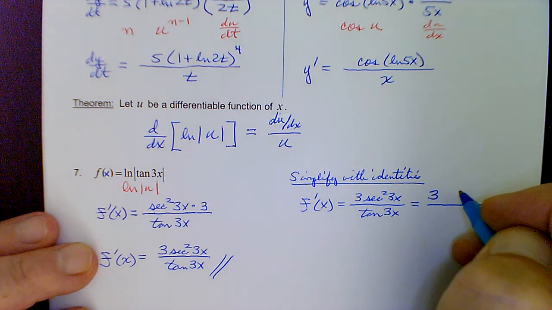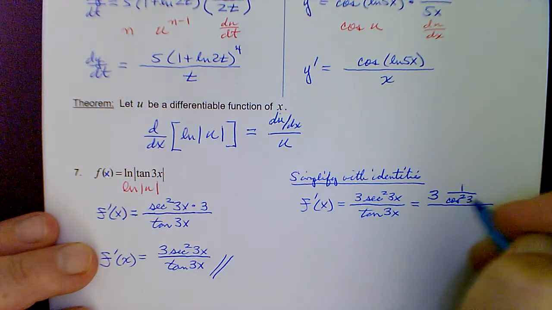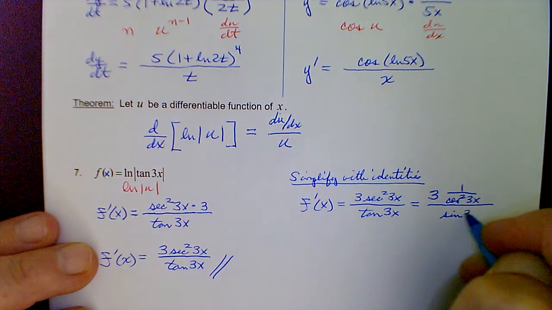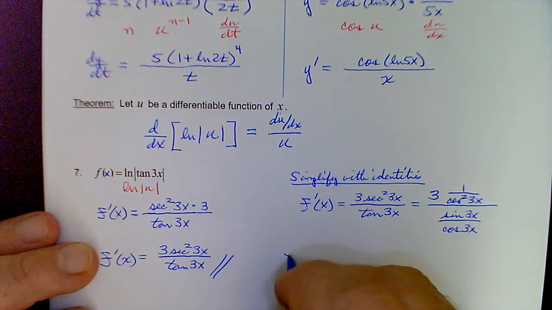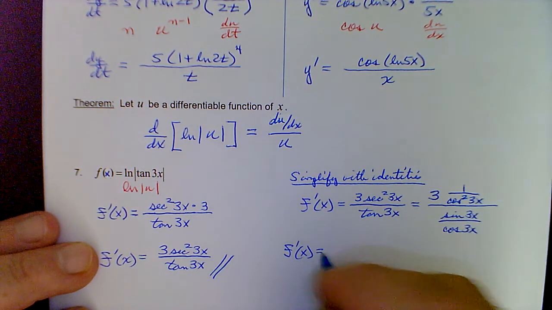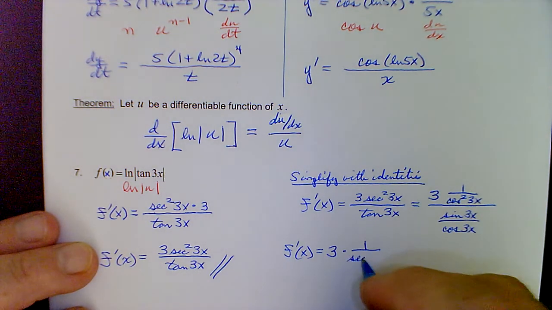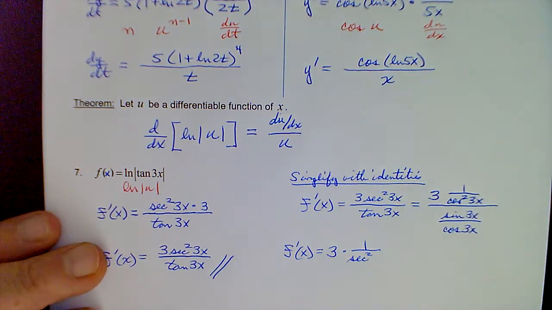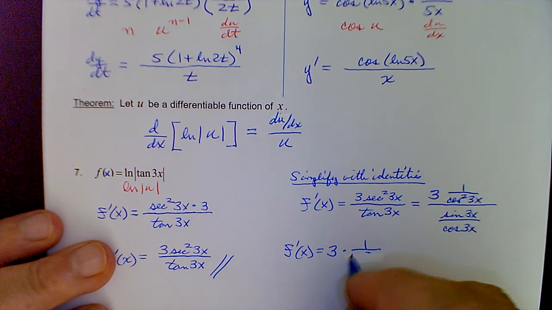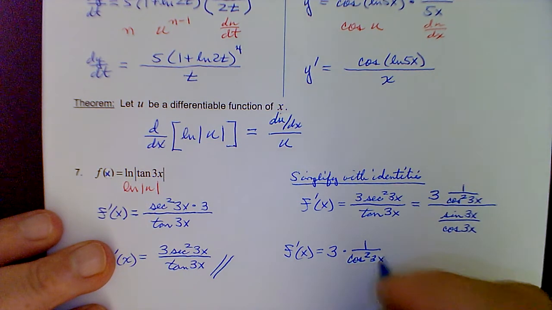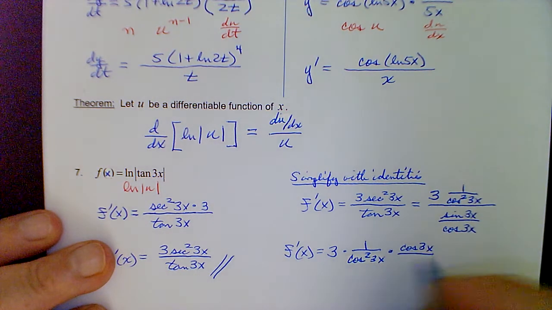So 3, and then secant is 1 over cosine, so that secant squared would be 1 over cosine squared of 3x. And tangent is sine over cosine, so sine of 3x over cosine 3x. So simplifying further, leave the 3 way out in front. Got times 1 over the cosine squared of 3x, and then times the reciprocal, cosine 3x over sine 3x.